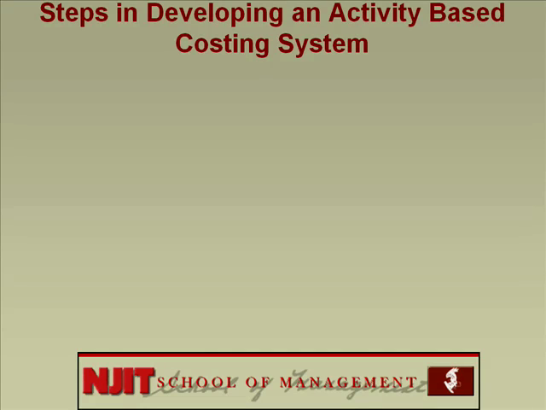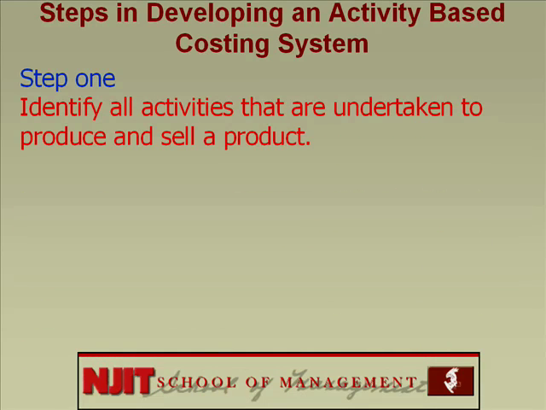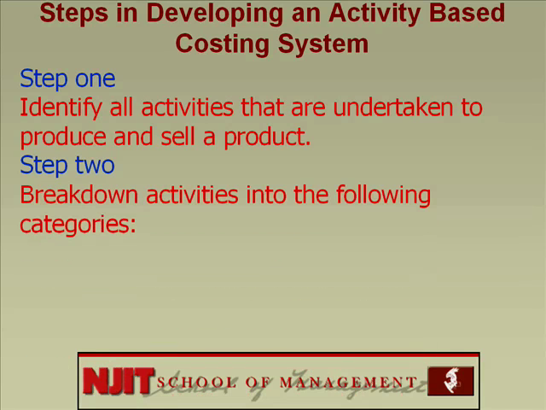Let's talk about the steps in developing an activity-based costing system. Step 1. Identify all activities that are undertaken to produce and sell a product. Step 2. Break down the activities into 4 categories.